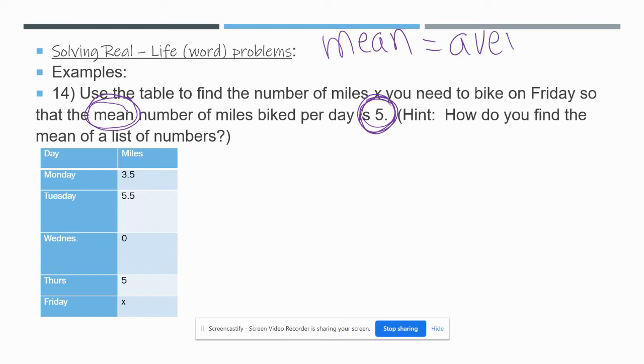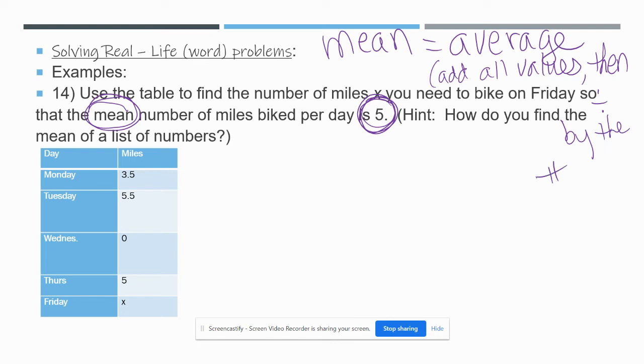is the same as finding the average. When we find the average, we add all values, then divide by the number of values added.